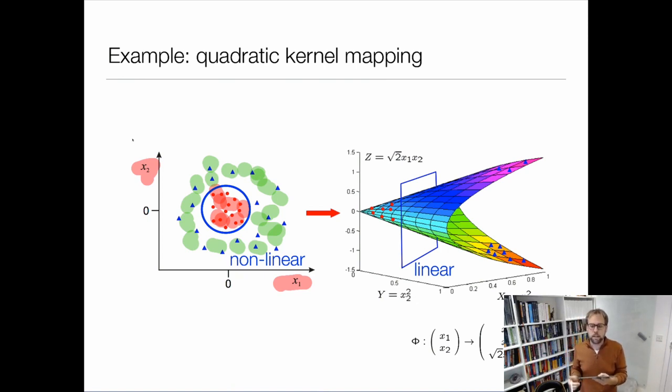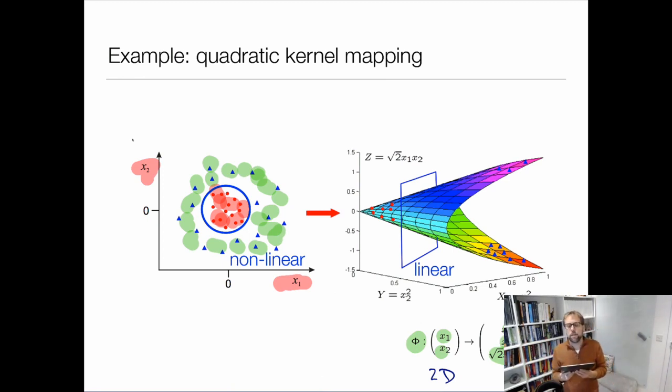If I look at the previous data, if I do a coordinate mapping here, so this phi here maps my original 2D space into a 3D space. So I'm going from 2D into 3D by effectively introducing a new variable here, this last one, which is just a function of the other two variables, and here I'm squaring it.